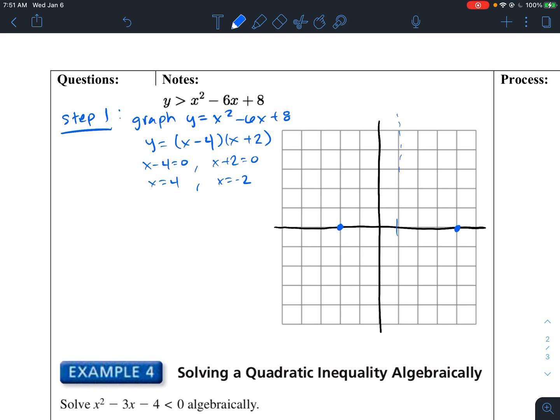So this is the axis of symmetry. In order to find where the vertex is, we have to plug in the x value of the axis of symmetry into the function.